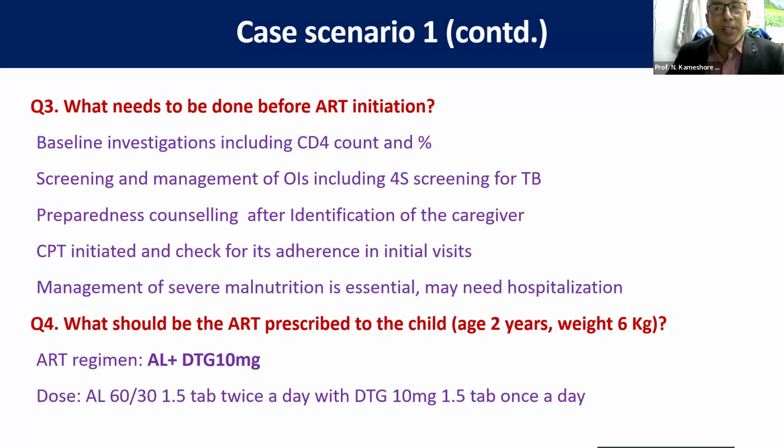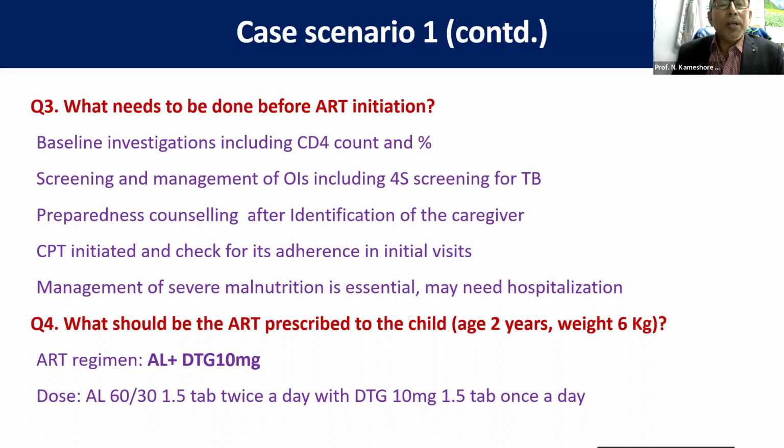The 4S screen is used for screening of tuberculosis: fever, cough of any duration, failure to gain weight in children, and history of contact. Preparedness counseling after identification of the caregiver and a backup caregiver whenever required. CPT is initiated if less than 5 years, and check for adherence in initial visits. And very importantly, we have to address the malnutrition, and sometimes the child may require hospitalization for this.